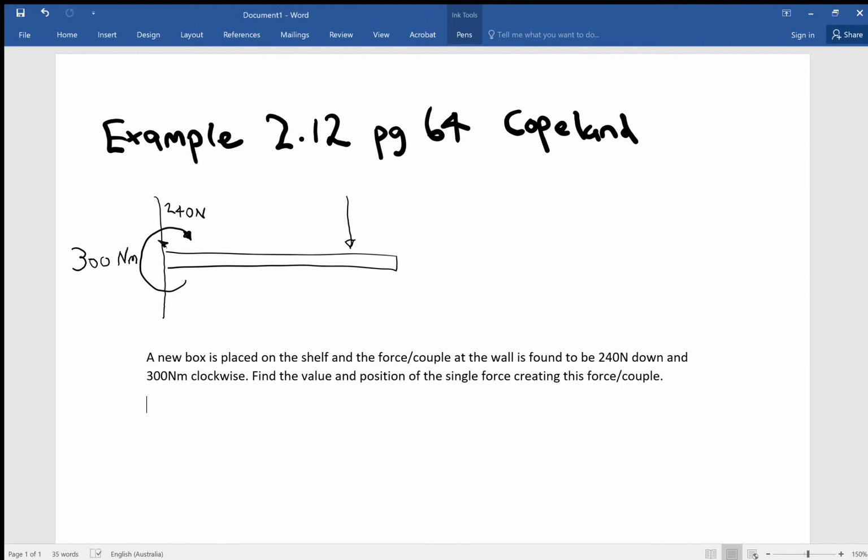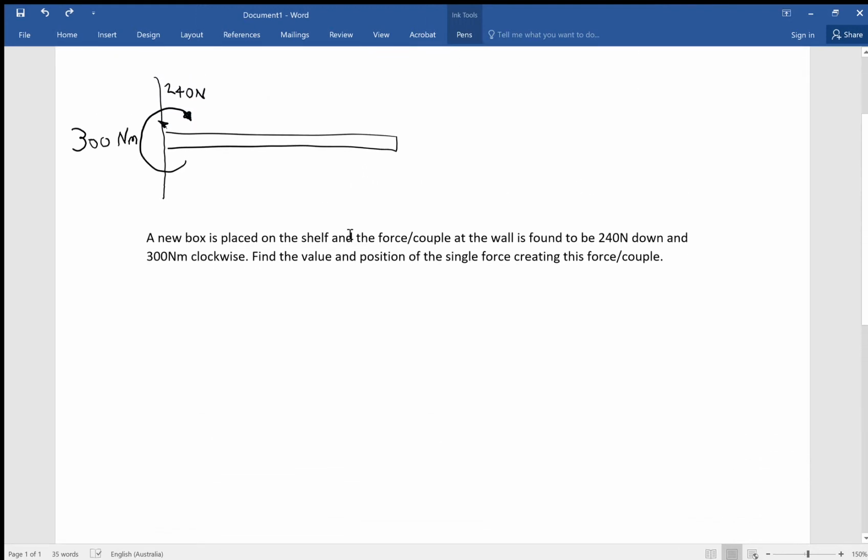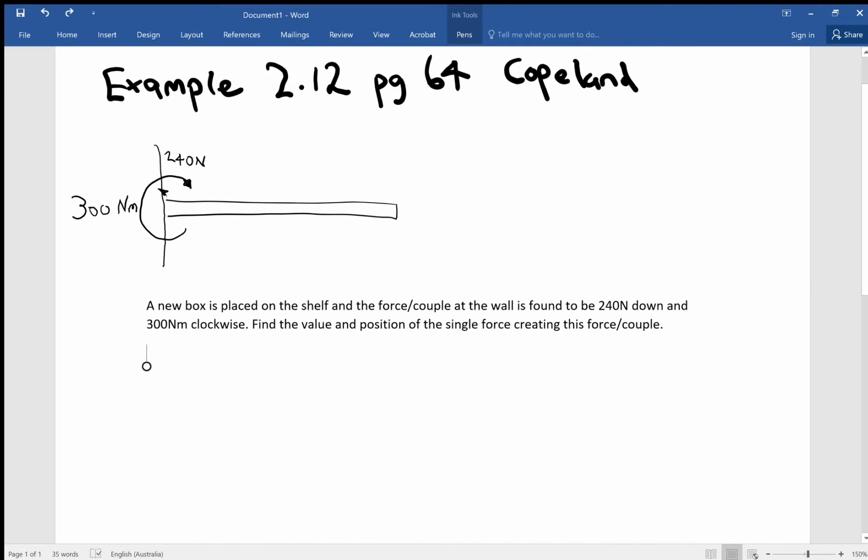So if we were to do a free body diagram, we'll just draw it down here. This is our F, we can call this F1. We move it out, we know it's 240 newtons, because that's what we've got here.